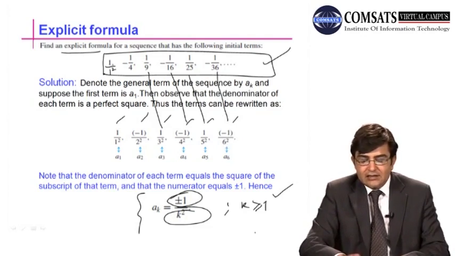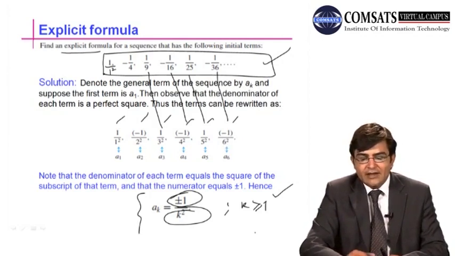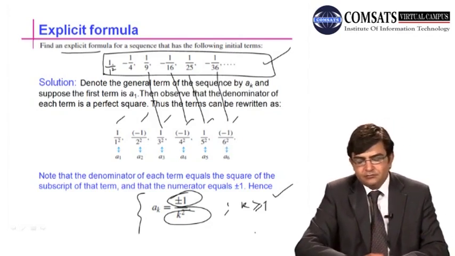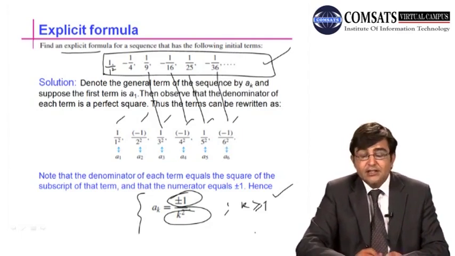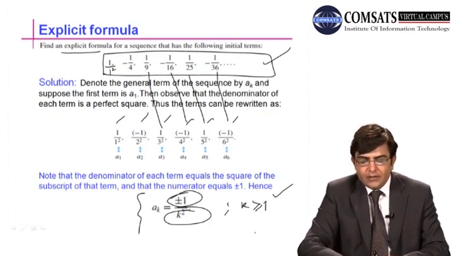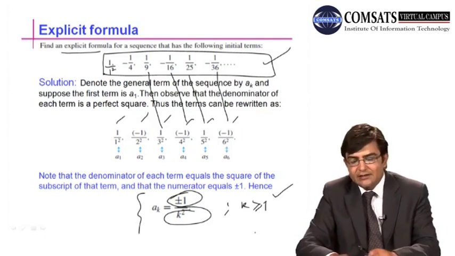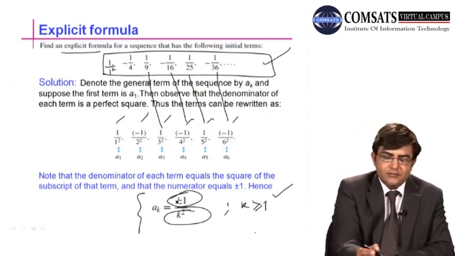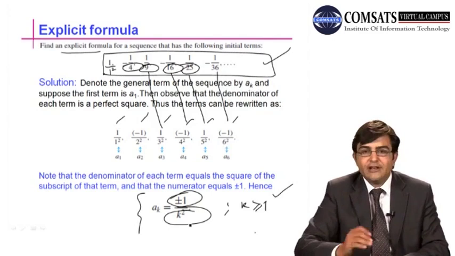Until here we haven't defined what type of term we write in the numerator, so that we automatically get plus 1 here and in the next term minus 1. In the denominator it's okay: if we put 1 we get 1, if we put 2 we get 2 square which is 4, if we put 3 we get 3 square which is 9, and we have written k square. But in the numerator, what comes?